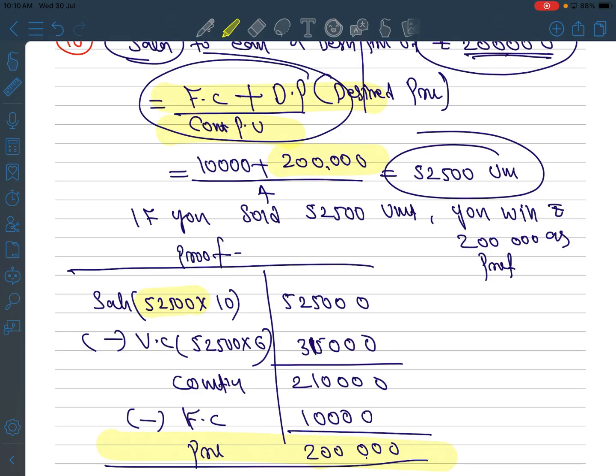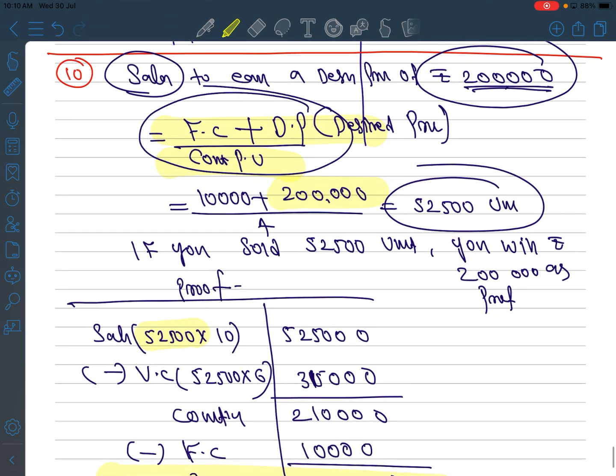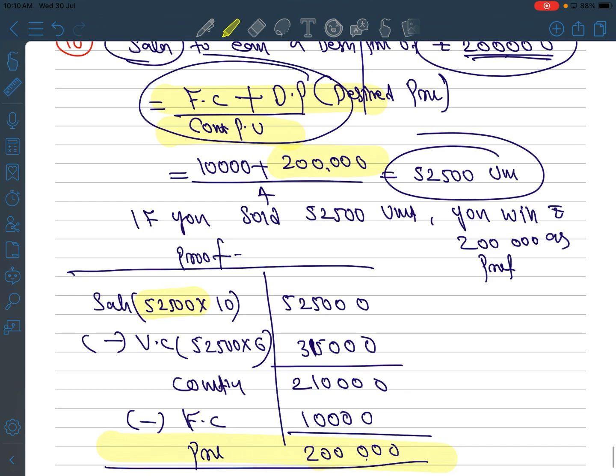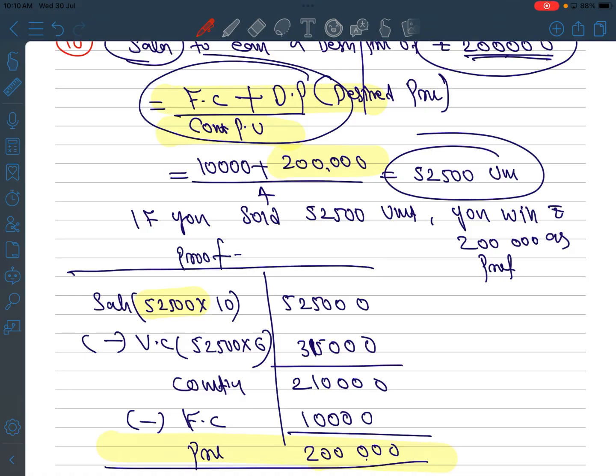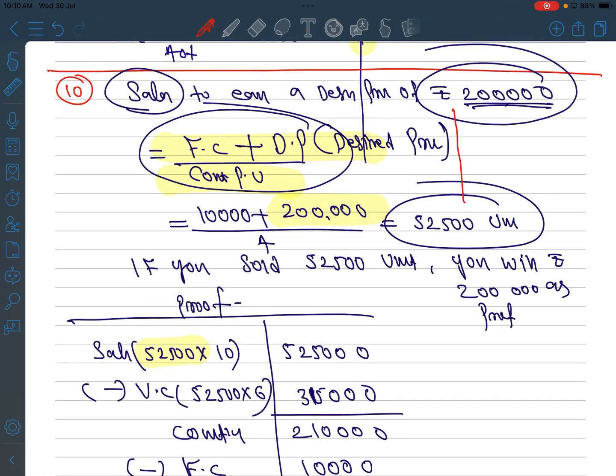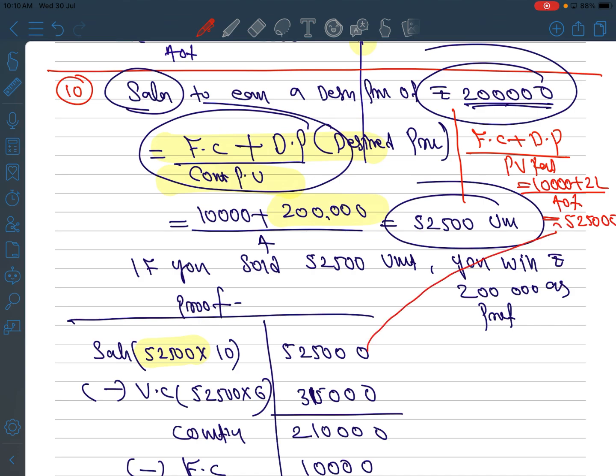Here is another way: we can use fixed cost plus desired profit divided by PV ratio. 10,000 plus 2 lakh divided by 40% gives 5 lakh 25,000.